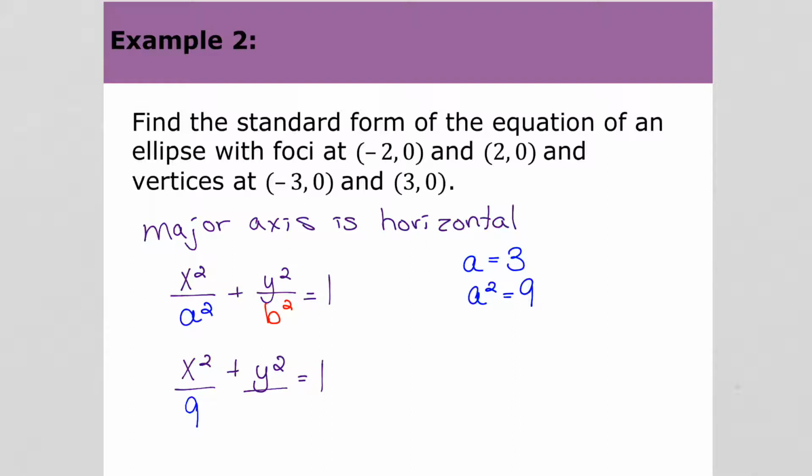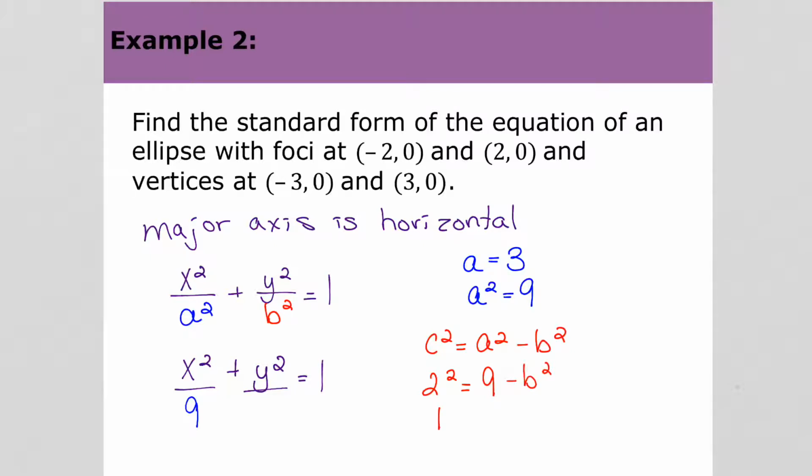I'm just going to use the same one as before, just to maintain consistency. So c squared is a squared minus b squared. We've got c. Remember, it's 2. So 2 squared is a squared, which was 9, minus b squared.